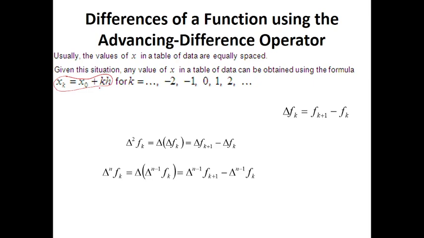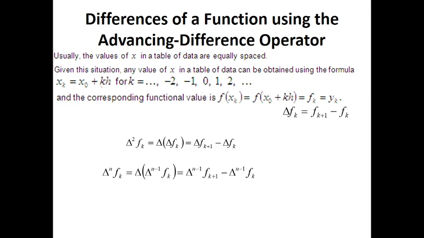Here k is any integer. It can be a negative integer, it can be 0, or it can also be a positive integer. Okay, and the corresponding functional value is this one.